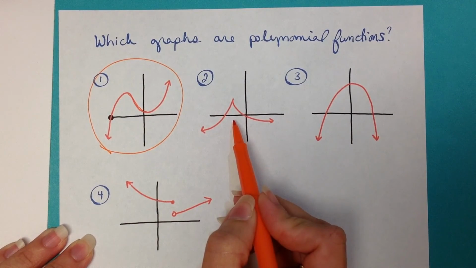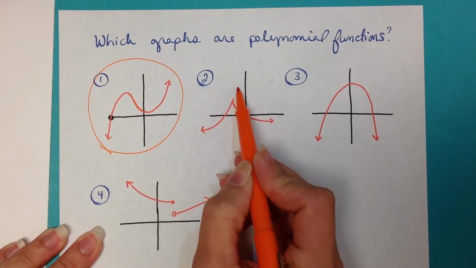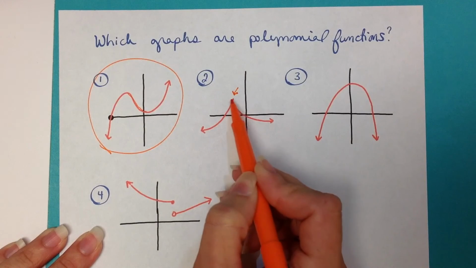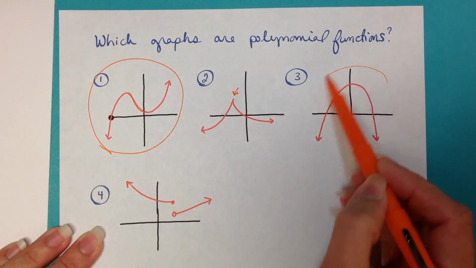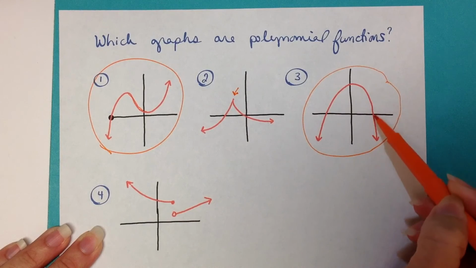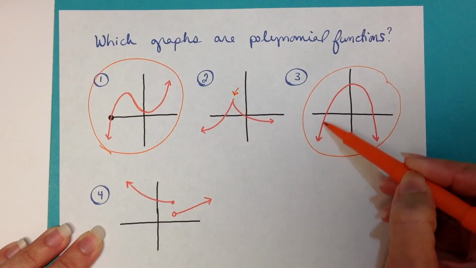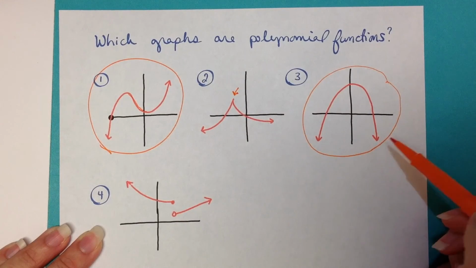Number 2, this one would not be because of the sharp turn right here. See, that's not smooth and rounded. That's that sharp turn that I referenced a while ago. Okay, this one would be a polynomial. Get a nice, smooth, rounded curve. But again, if I trace it from one end to the other, there's no interruption in that graph.